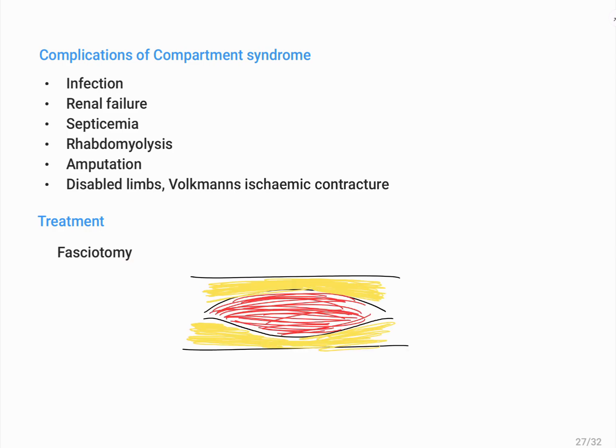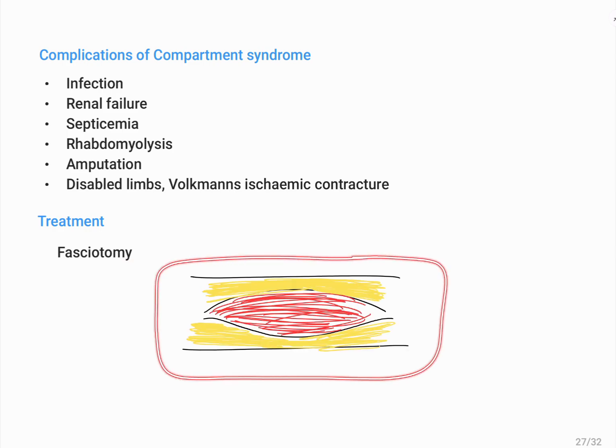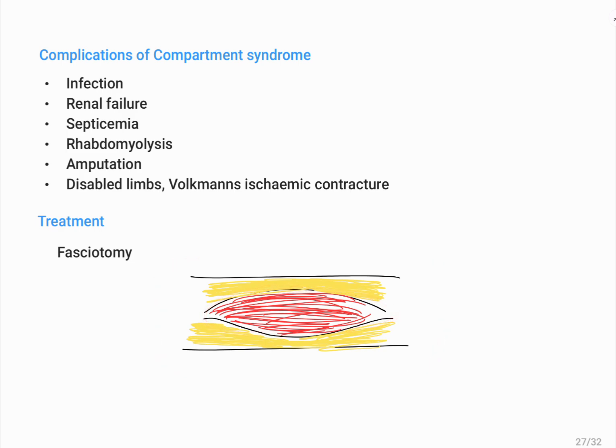For example, this is a compartment where there is a muscle which has microvascular compromise. So, in case of fasciotomy, we completely remove the fascia which is present surrounding the muscle. This releases the pressure around the muscle and the microvascular compromise can be decreased and there will be good supply of blood to the muscle tissue.